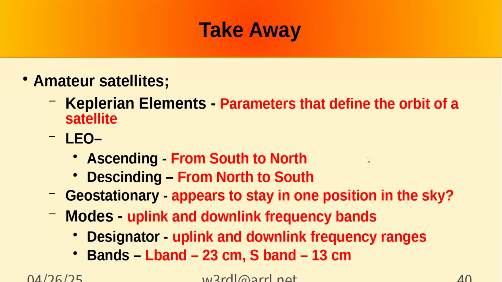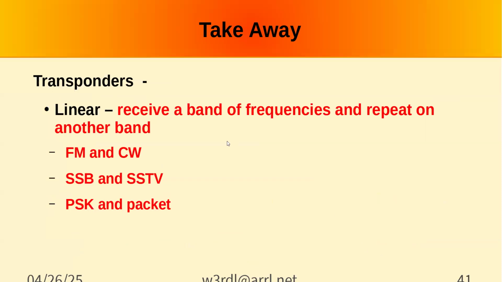We talked about satellite modes representing uplink and downlink frequency bands, whether it's UHF, VHF, or VHF, UHF. What the L band and S band wavelengths were, linear transceivers or transponders that basically repeat a whole band of frequencies as opposed to a single frequency.